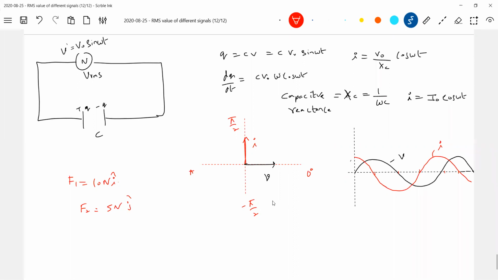Instead of saying x and y, the quantities which have 0 phase will be along the x-axis. The quantities which have a phase of 90 degrees, I'll take along the y-axis. Quantities which have a phase of 180 degrees will be along the negative x-axis. Quantities which have minus 90 degrees will be along the negative y-axis, or you can write 3 pi by 2. Sir, what about quantities which have a phase angle of 45 degrees? That will come in between.